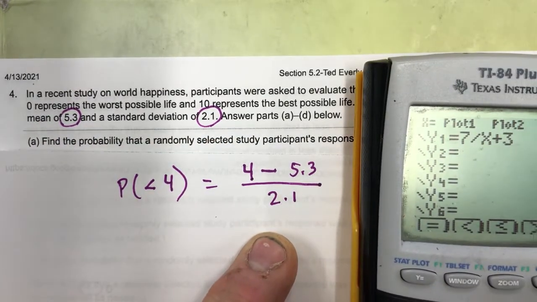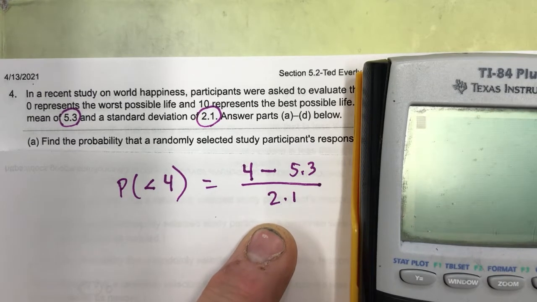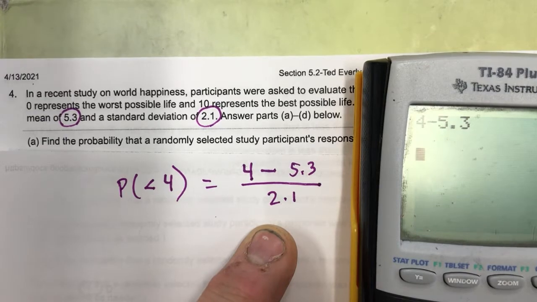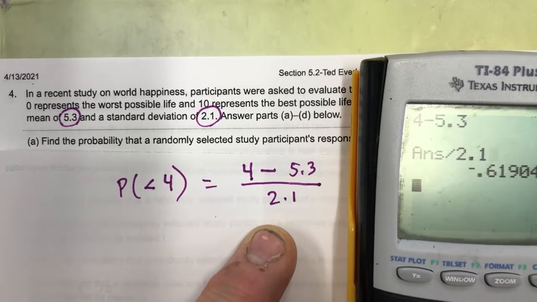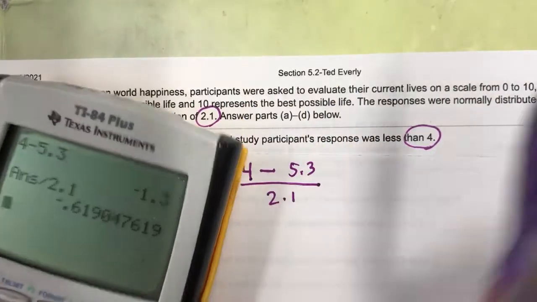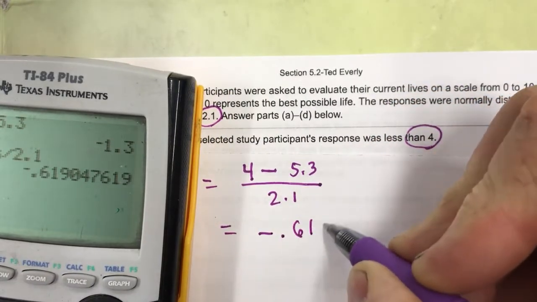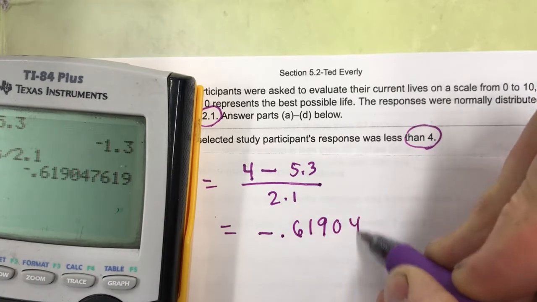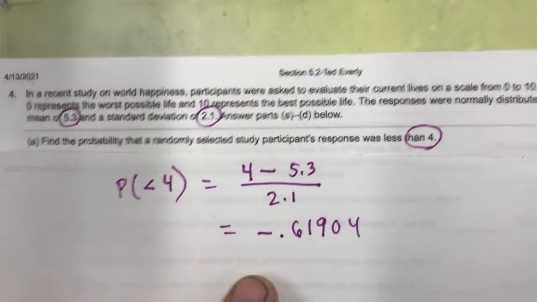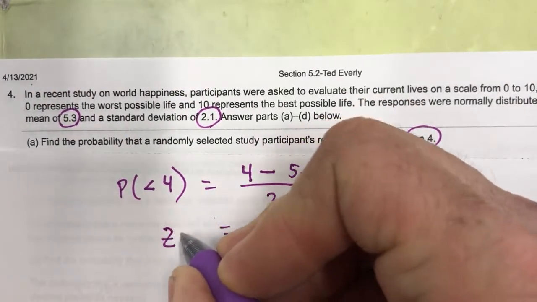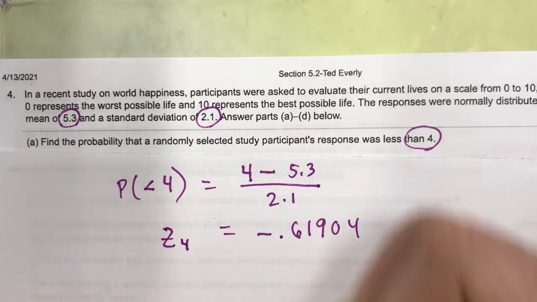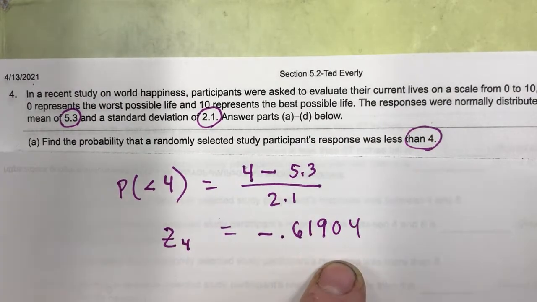So 4 minus 5.3 equals, divide by 2.1, and that's negative 0.61904. This is my z-score of 4 right there.